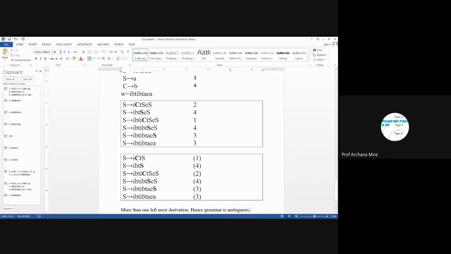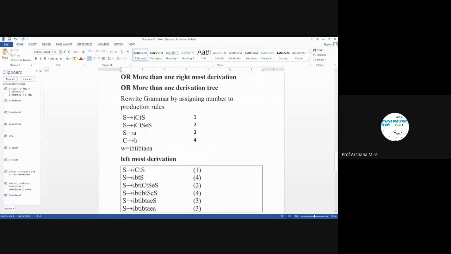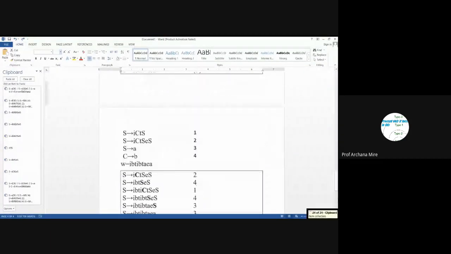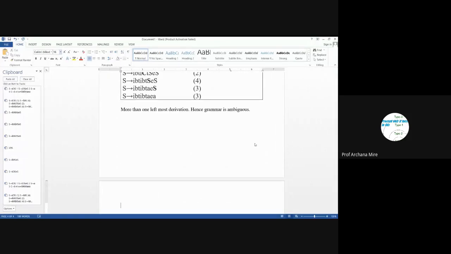So let's find two derivation trees for the same grammar. For the same string, let's try to find two different derivation trees. Although it is not required, just to clear the understanding of how to find two derivation trees, we are studying it.